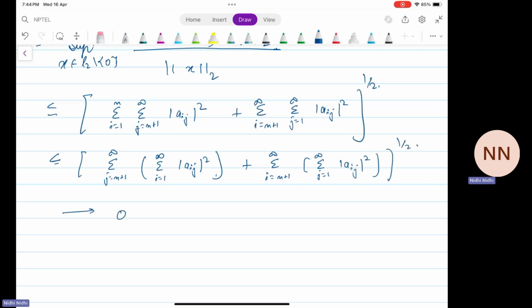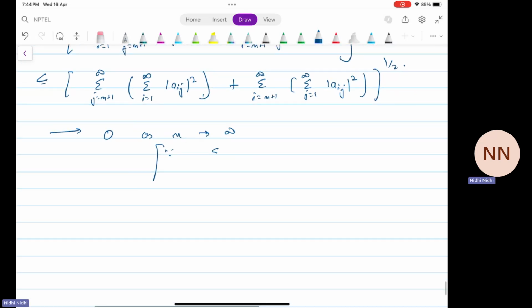Now this will go to 0 as n tends to infinity because summation i from 1 to infinity summation j from 1 to infinity a_ij square, this series is finite.